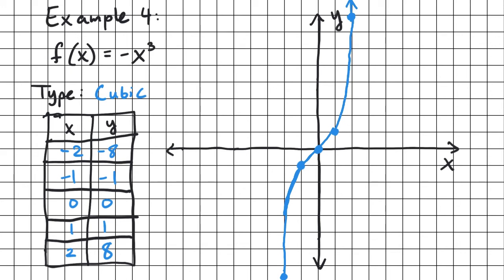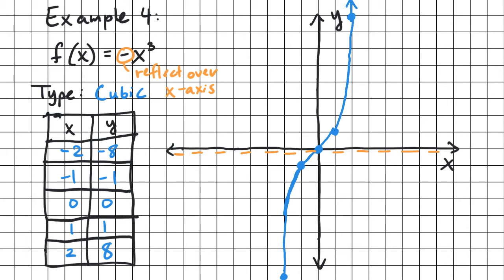And then we have to figure out what kind of reflection it has. The negative is in front, so that's a reflection over the x-axis. So that means that the x-axis is my point of reference, where the mirror is going to be.